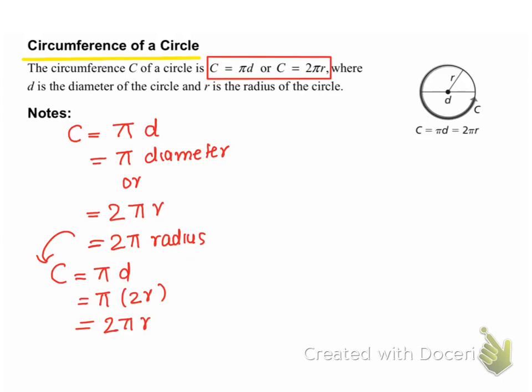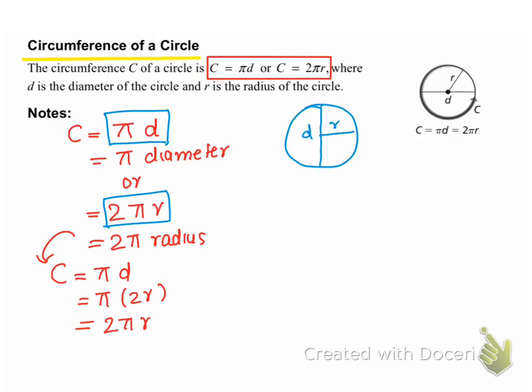So it's pi d, and that's 2 pi r. You have to remember that. Depending on whatever is given, you use that, up to you. Also keep in mind that if this is your circle, that's your radius, and twice the radius is d.